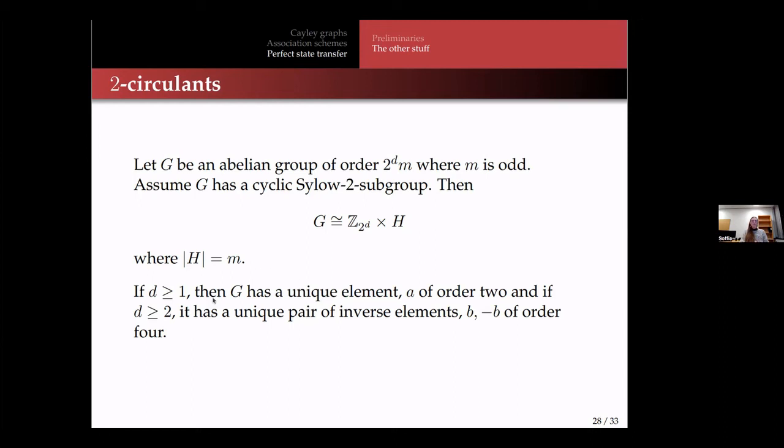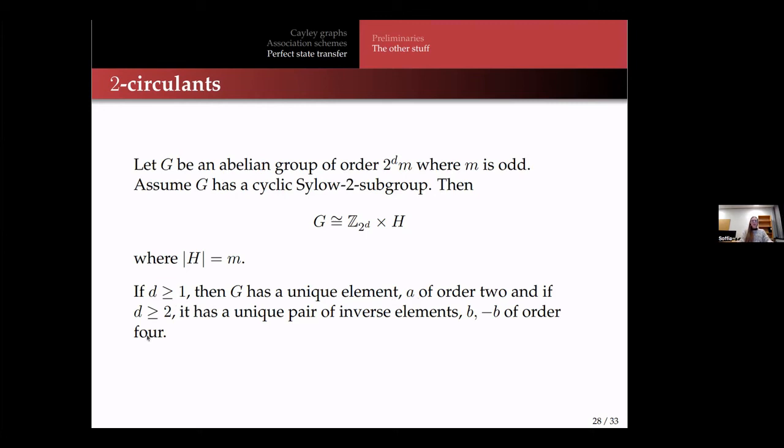So if D is at least 1, which if it's not, we have a group of odd order, and then we have no perfect state transfer. So we don't have to worry about that. If D is at least 1, then we have a unique element of order 2 in our group G. We call this element A, and this is going to be important.